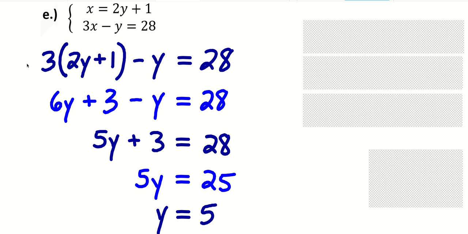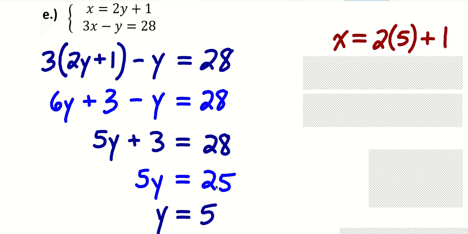Okay? So after this part, all of these steps should not be confusing to you. They're not new. We've solved equations for x or y or whatever so many times. But so we have y. What else do we need? See, this time knowing y is 5 is going to lead to x.